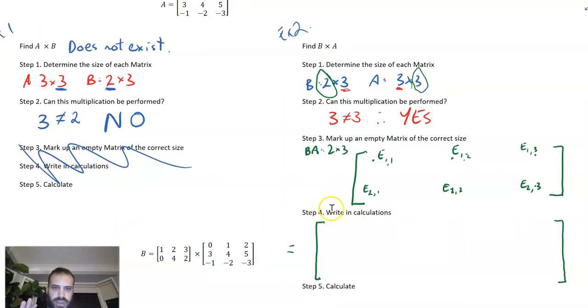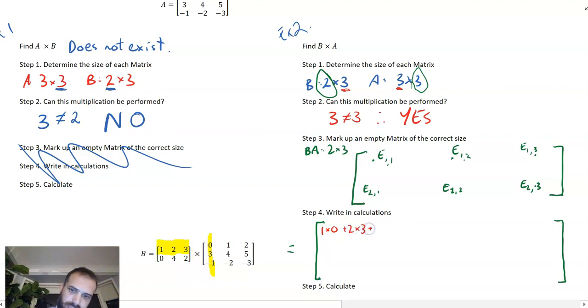Okay, now we're going to write in all of our calculations for every single element. These little numbers, 1,1, 1,2, 1,3, are going to be a really good guide on how to do that. So this first element is going to be equal to row 1 times column 1. So it's 1 times 0, plus 2 times 3, plus 3 times negative 1.